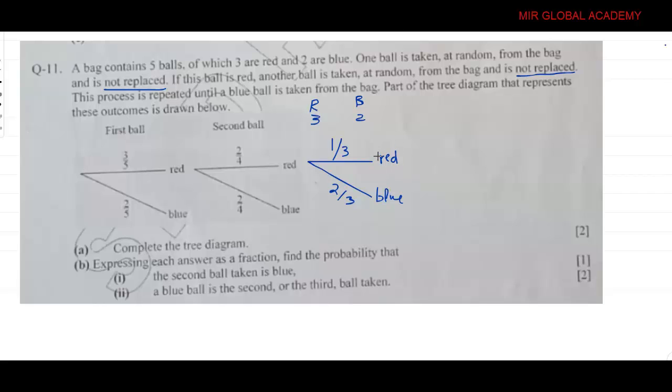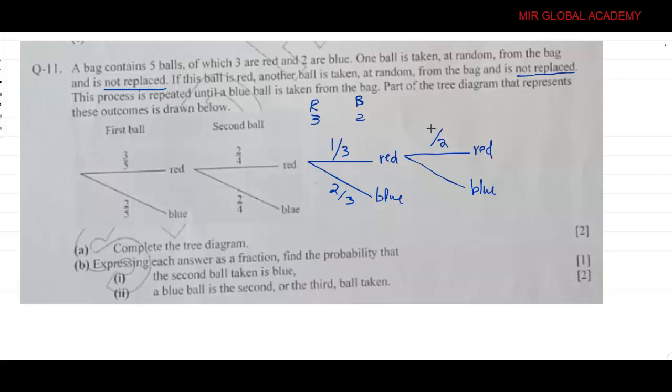Now if the third ball is again red, we will continue the process from here. Now we have 2 balls left, and we have picked all the red balls previously. One red over here, one red over here, and one red. We have already picked 3 red balls.